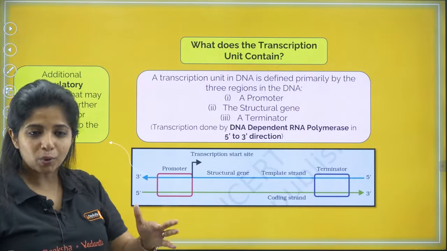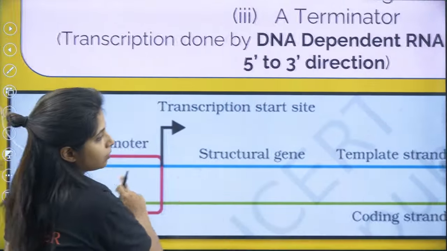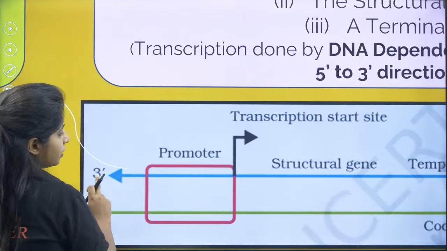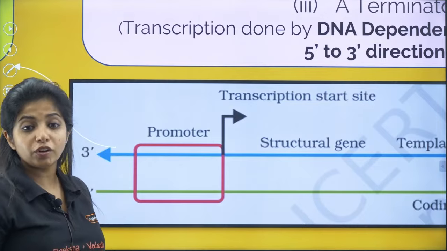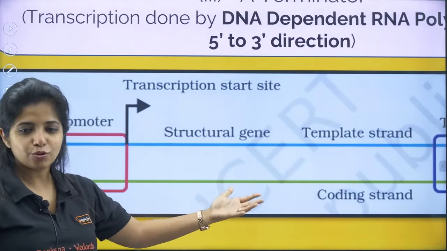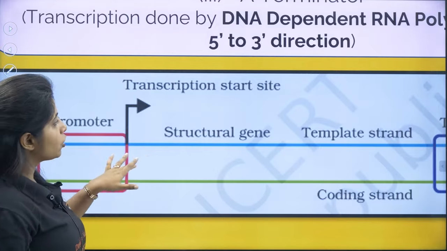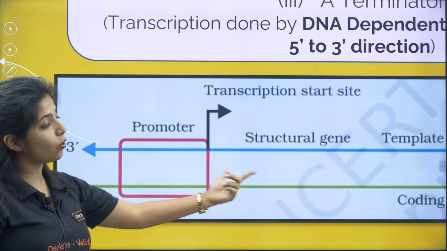As in, it's not upper and lower, you have to consider the polarity. The one that is in this direction, 5' to 3' over here, this would be a template. The one that is going to undergo transcription is known as template strand, and the one that does not is known as coding strand. So if at all you are asked, ma'am, where is the promoter region, you say towards the 5' end of the coding strand.